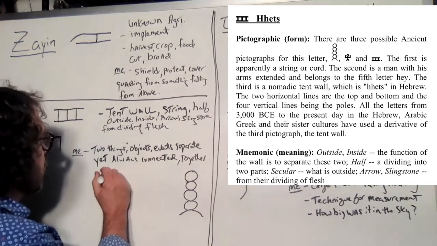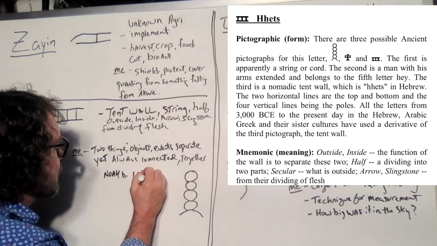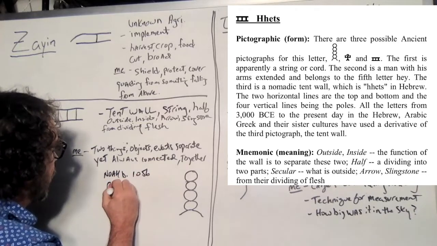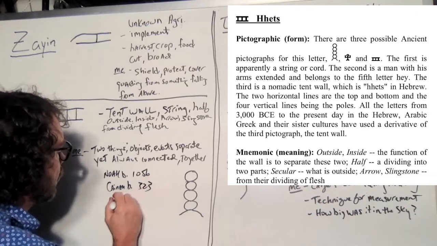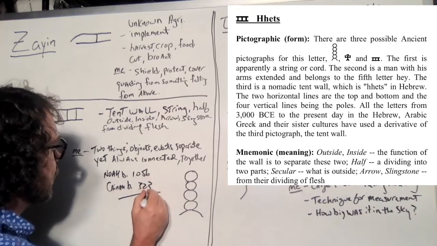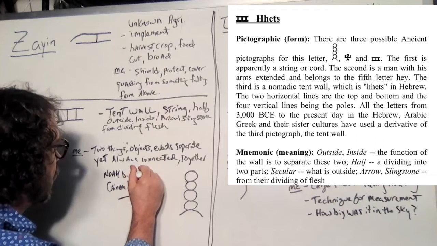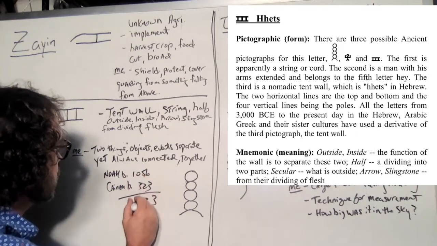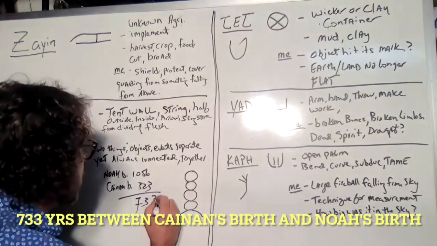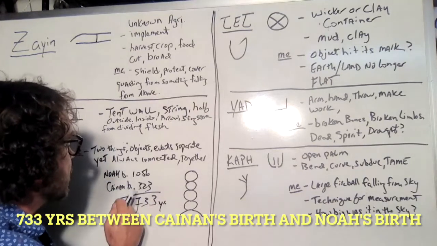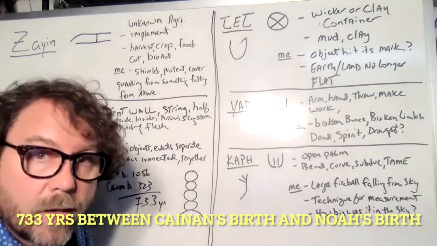So Noah born 1056, Canaan born in 323. Let's subtract these. It's going to be 733 years from the time that Canaan was born to the time that Noah was born.